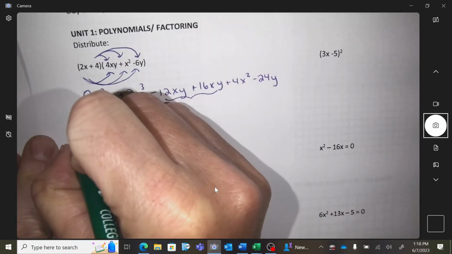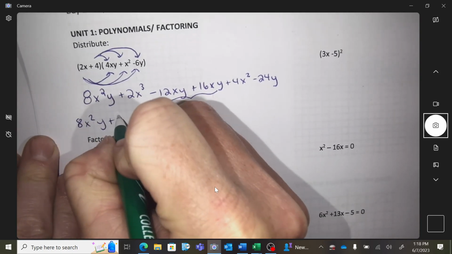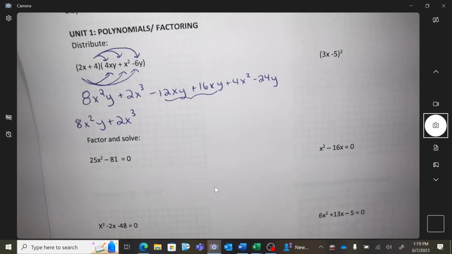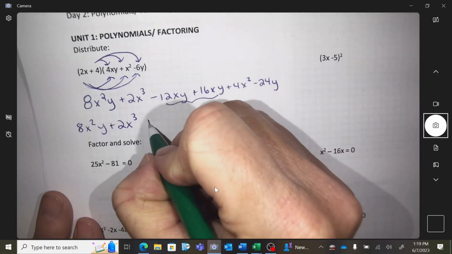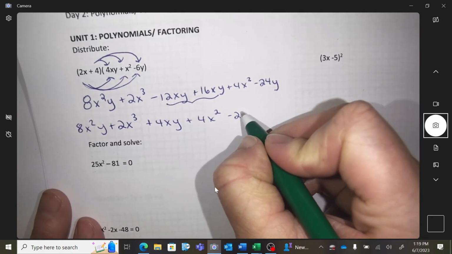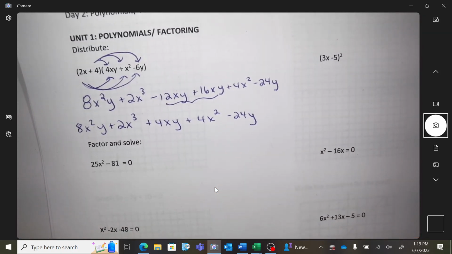So you're going to have to rewrite it. And it doesn't matter what order these things are in, as long as you have all the parts somewhere. Even my grade 11s and 12s, like, what does the word simplify mean? Multiply out, collect things, that's simplifying.